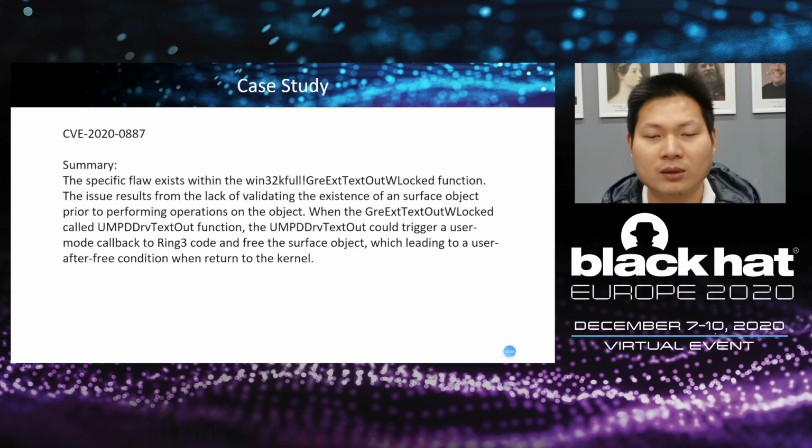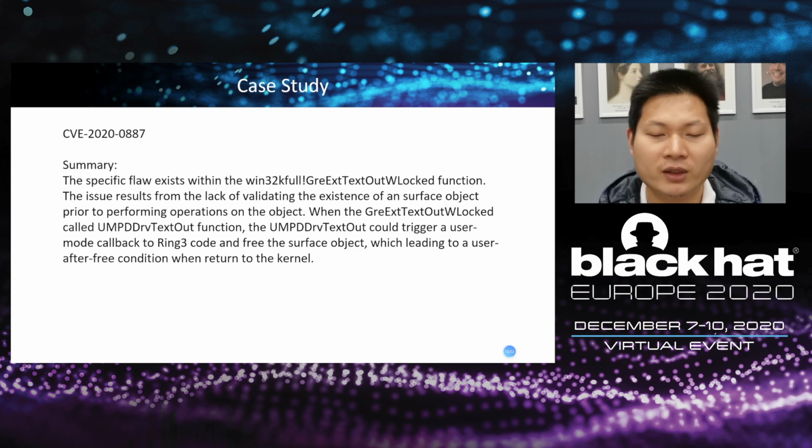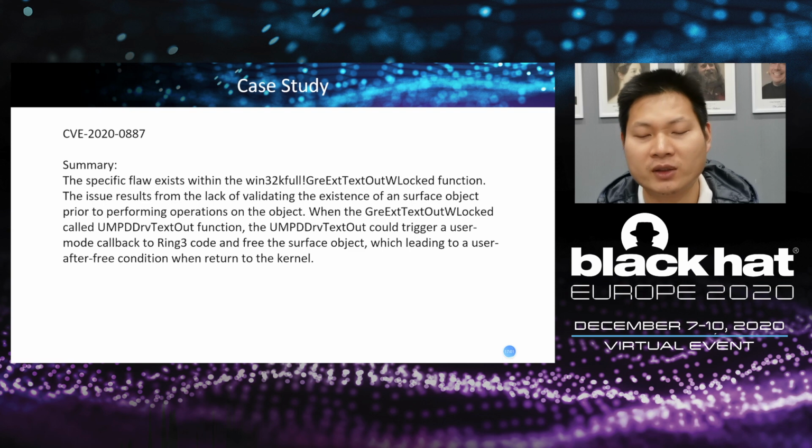One of them is the GreExtTextOutWLocked function use-after-free. The root cause is shown here. The specific flaw exists within the GreExtTextOutWLocked function. The issue results from the lack of a check for the surface object in the printer device context.